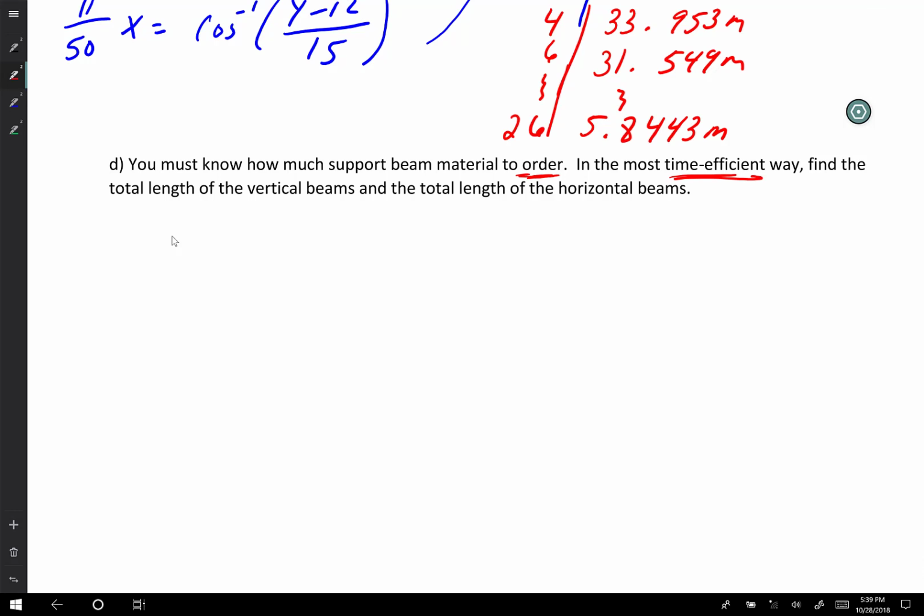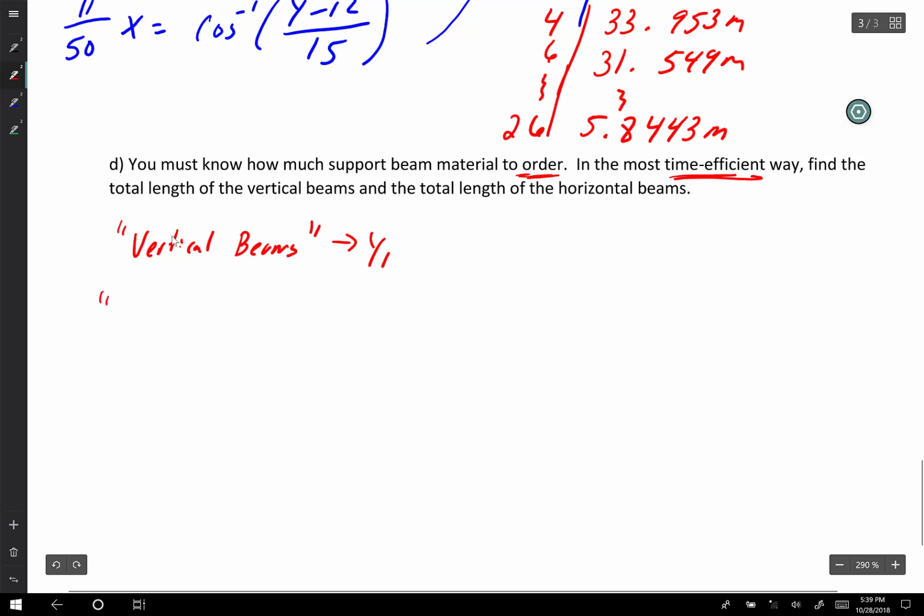All right. I already have my vertical beams inserted in Y1. And I have my horizontal beams inserted into Y2.